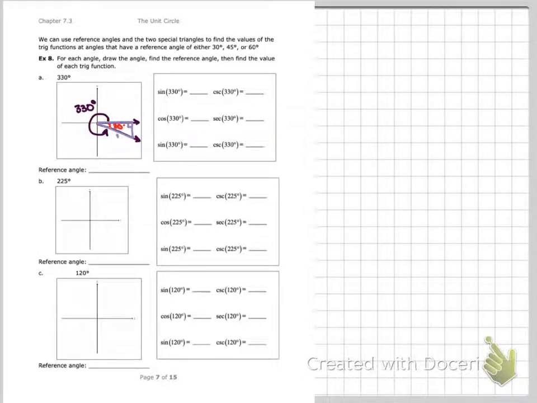So then it looks the way we're used to, the way we did the special right triangles a minute ago. With a 30, 60, 90 and a hypotenuse of 1, we know that short side is 1/2. We know the long side is square root of 3 over 2.